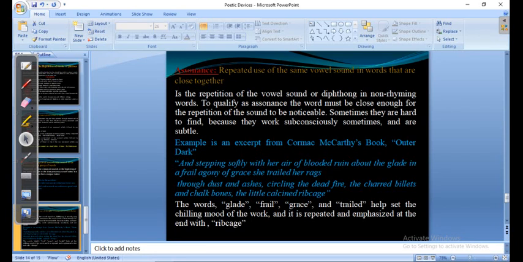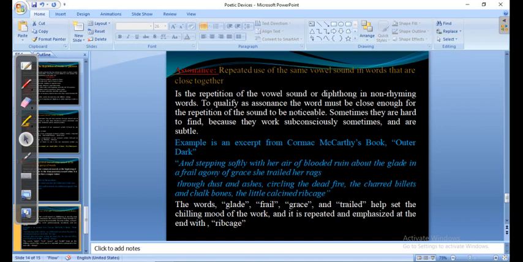An example is an excerpt from Cormac McCarthy's book Outer Dark. See these two verses: And stepping softly with her eye, a blooded rune about the glade, in a pale agony of grace she trailed her rags through dust and ashes, circling dead fire, the charred buffalo and chalk bones, the little cold knit ribcage.